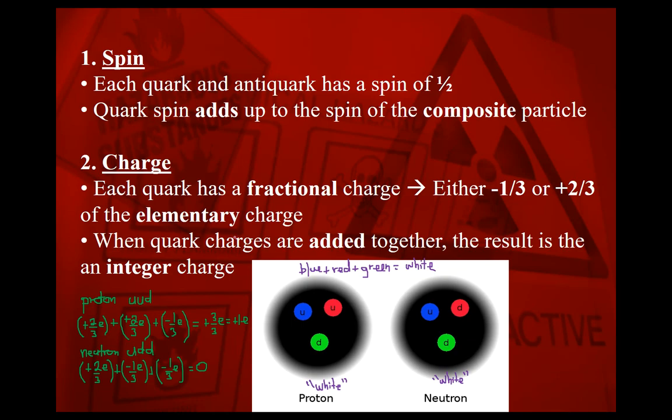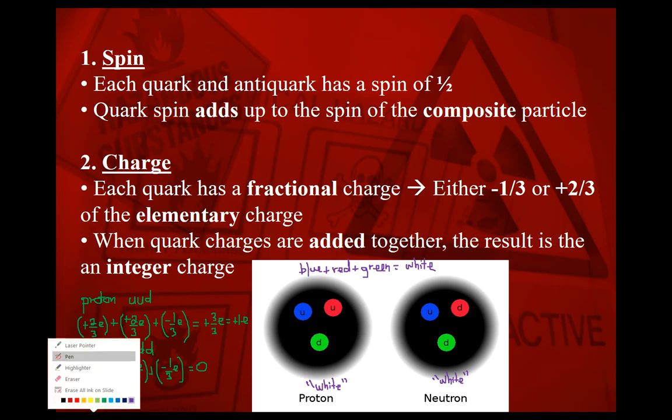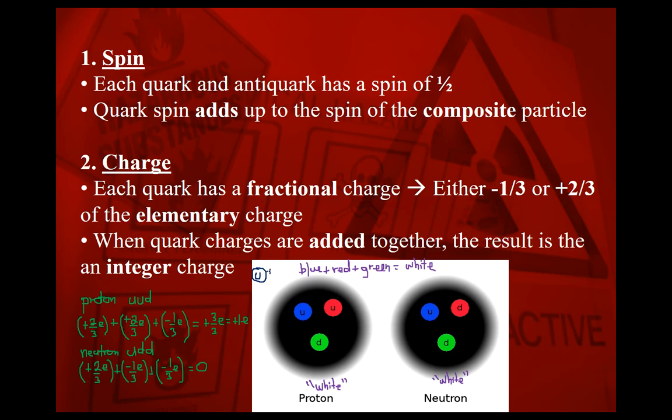The idea, though, is that even though they aren't truly colors, if you take these quote unquote colors and add them together, they need to give you a net white color. Now, this is why you can't have a fractional charge on its own. So, for example, you can't just have this up quark sitting by itself. If this up quark was sitting by itself, it would have a fractional charge of positive 2/3 the elementary charge.